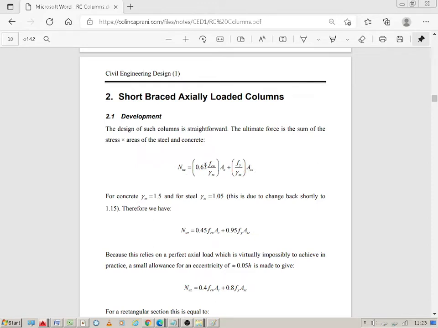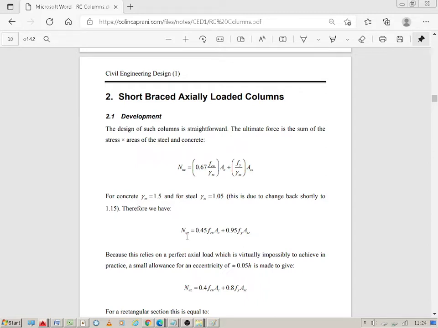Remember that 0.67 is not a material safety factor. That's another factor. For concrete, gamma material is 1.5, and for steel, gamma material is 1.05. That's reinforcement steel, and it is due to change back shortly to 1.15.